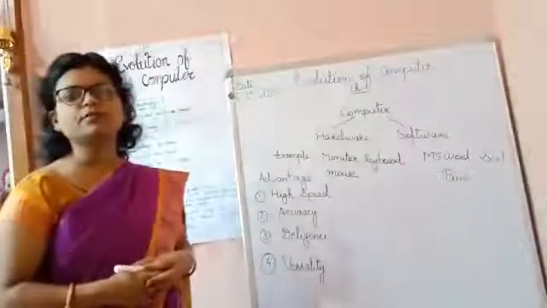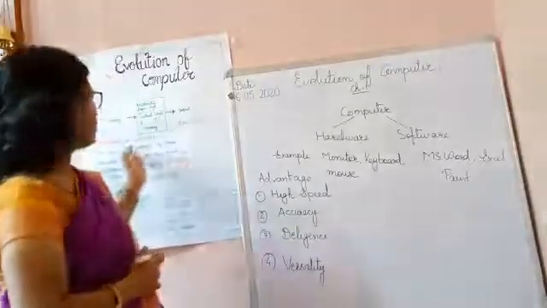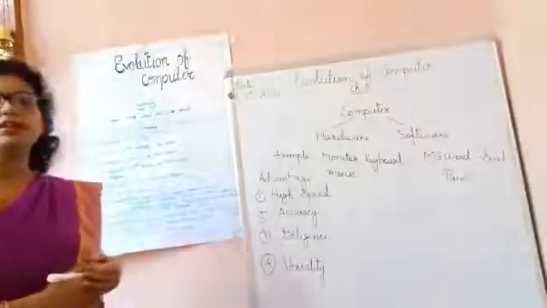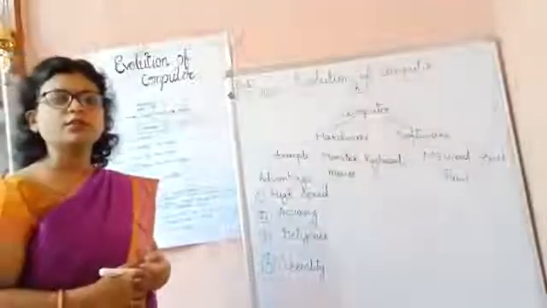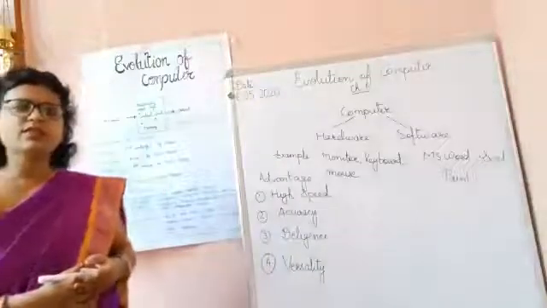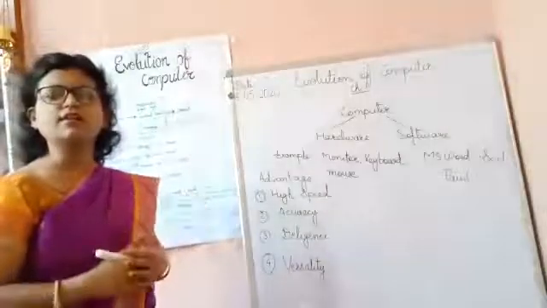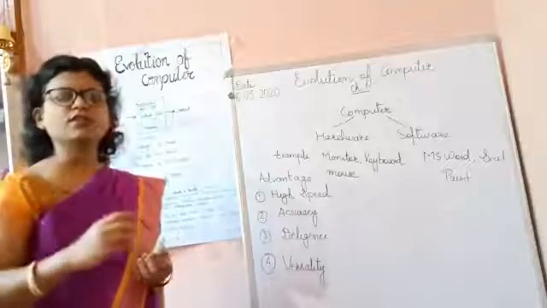Now, development of computer means, at the very beginning, in the second century, Chinese people discovered a manual device. Manual device means all the calculation work is done manually by using balls. There will be various balls.